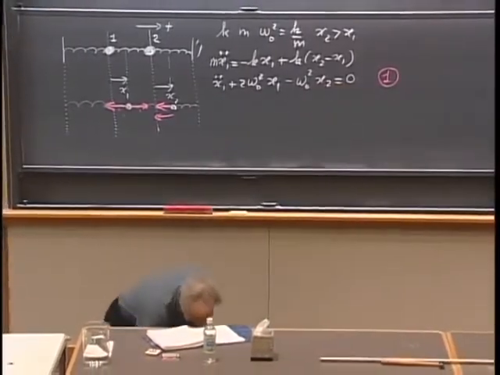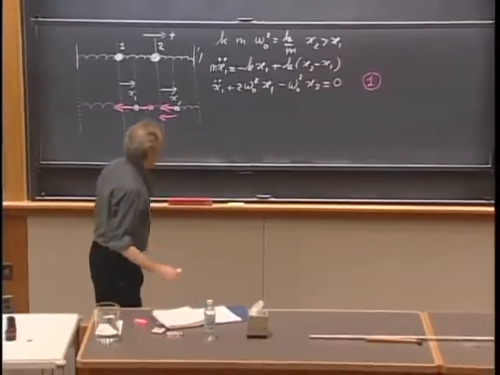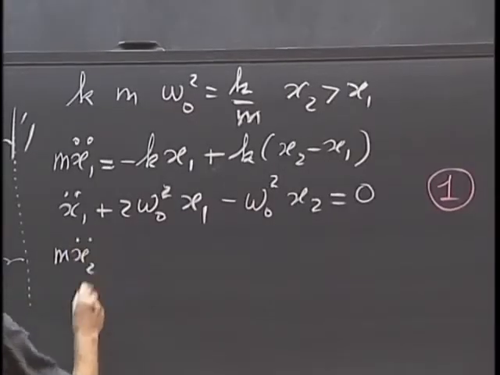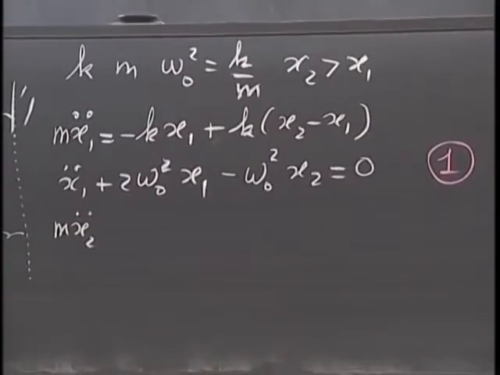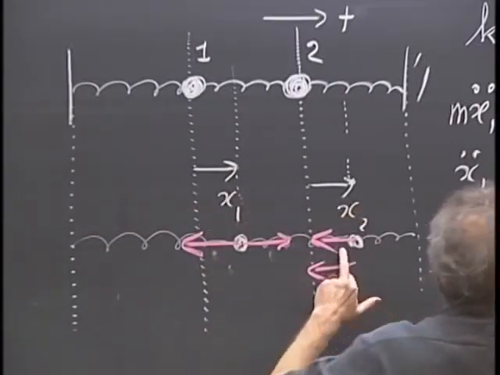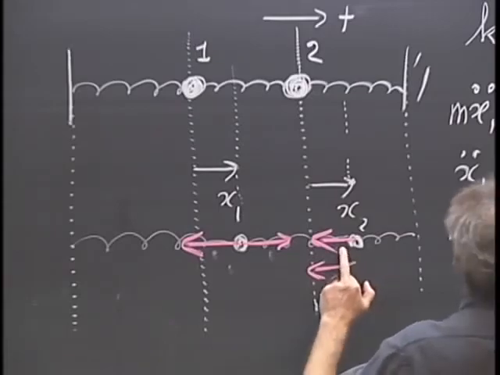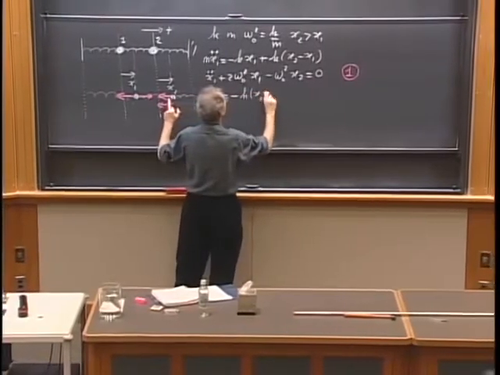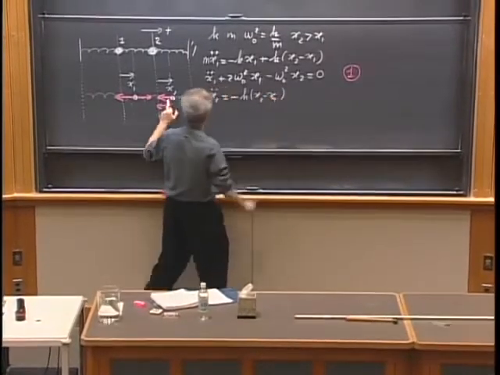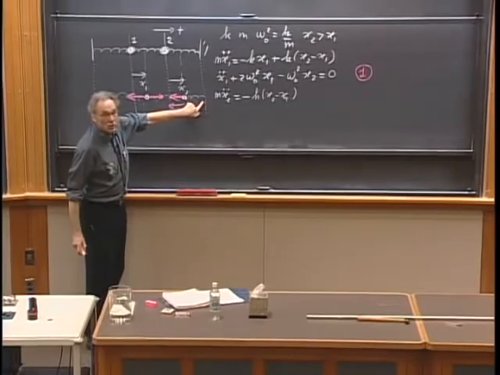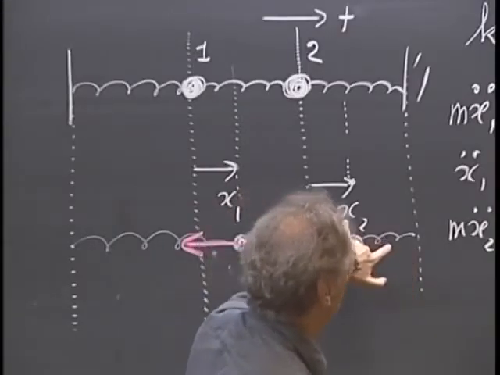So now I go to the second one. I get m x2 double dot. Now I have two forces both in the negative direction. First I have the one that drives this one away from equilibrium, so I get minus k times x2 minus x1. And then I have the force due to the fact that this one is shorter than it wants to be by an amount x2.